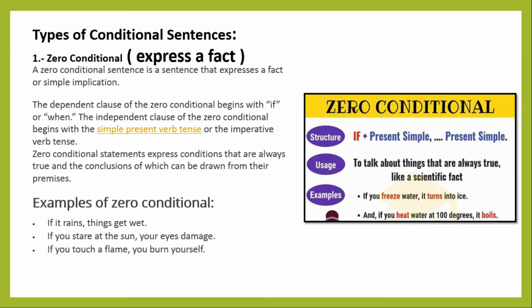Okay, types of conditional sentences. We've got several conditionals. But let's start with the very basic, the most simple of all of them, which is called zero conditional. So, what is a zero conditional? A zero conditional is a sentence that expresses a fact or simple implication.